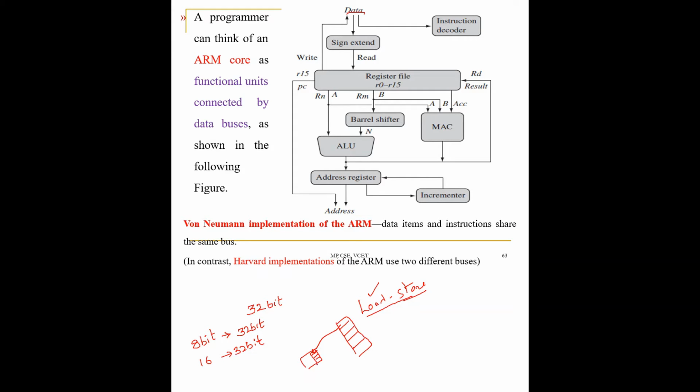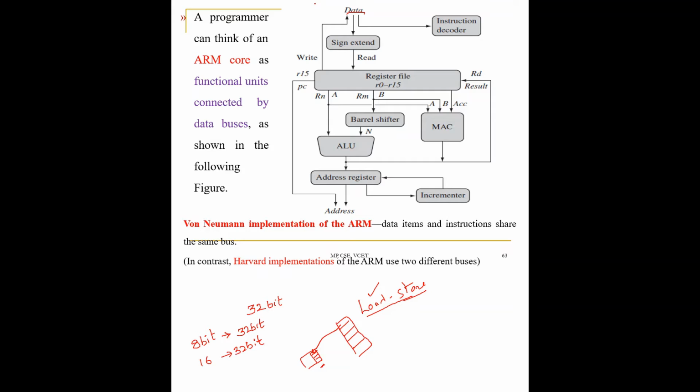The register details we'll be checking out later, and store instructions are all about moving the processed or manipulated data back to the memory. So your data has been moved to the register. This register is what I was speaking about here. If you're asking me, sir, from where did this data come from? The data you can see here has already come from the memory.